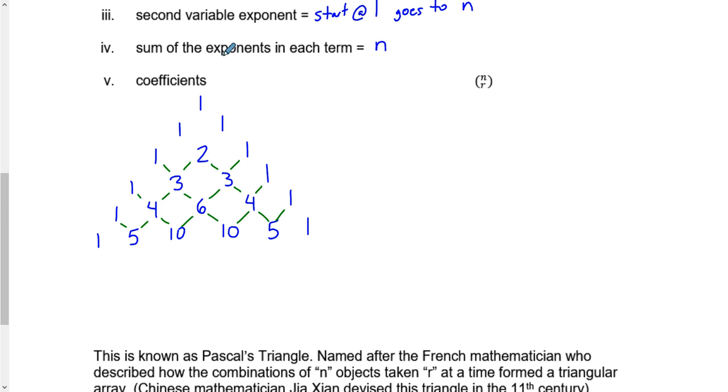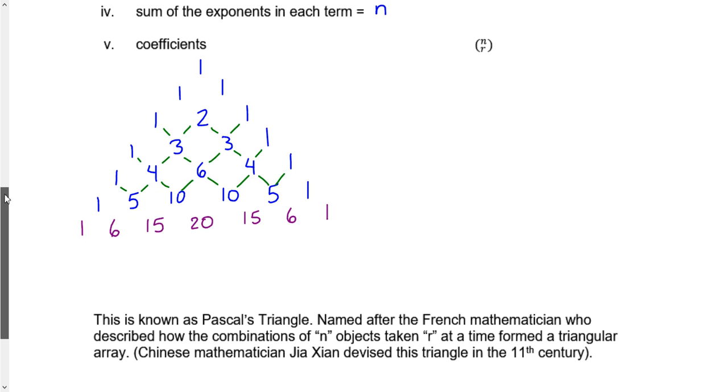Which means our next line, 1 plus 5 is 6. 5 plus 10 is 15. 10 plus 10, 20. 15, 6, 1. And we're actually just going to go all the way to the 8th row.